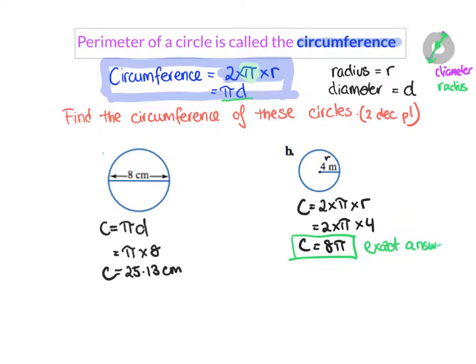If we pop it into our calculator and do it to 2 decimal places, it's called a more approximate answer, but that's what the question's asked us to do, so we will do that. We get the circumference equaling 25.13 meters this time. So there's our answer.